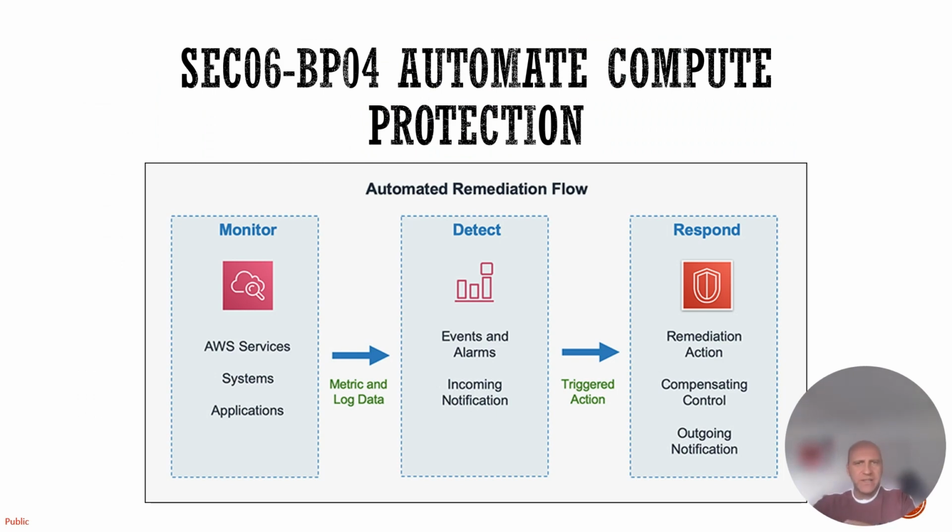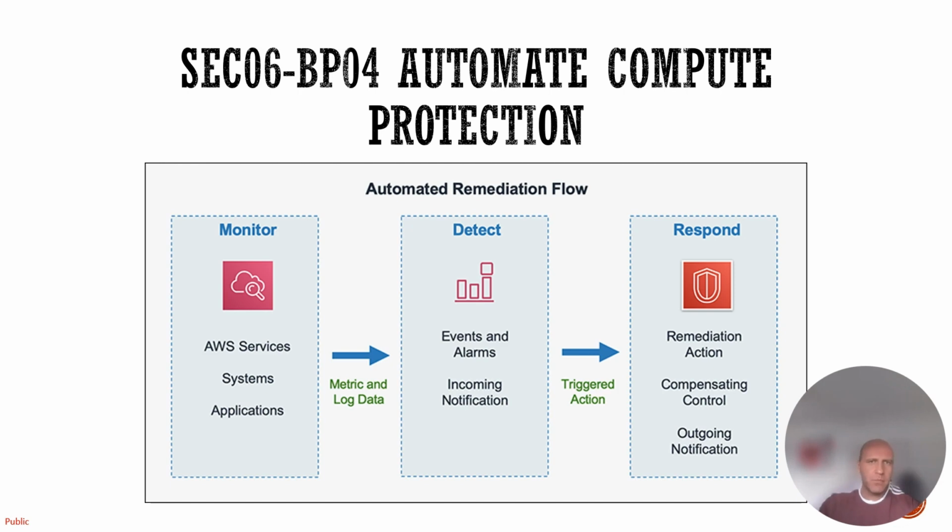The fourth best practice allows you to automate compute protection. So as you can see in the flow below, we can monitor our resources using AWS services, systems, and applications. We can detect specific events and alarms or incoming notifications, and then we can respond with a triggered action, such as a remediation action, create a compensating control, or outgoing notification to other tools and services.